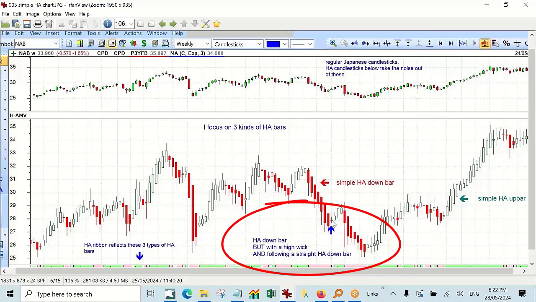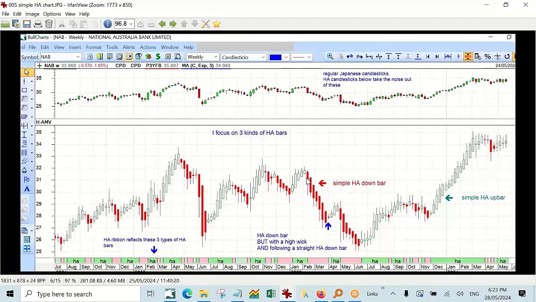High wick. It's just showing a bit of life in the stock. If you look at the actual regular candlesticks above here, you can see that's what the Heikin Ashi high wick is reflecting, that bit of activity there. There's another high wick here, you can see, but it's following a Heikin Ashi up bar, a straightforward green up bar, so it doesn't get a score down here.